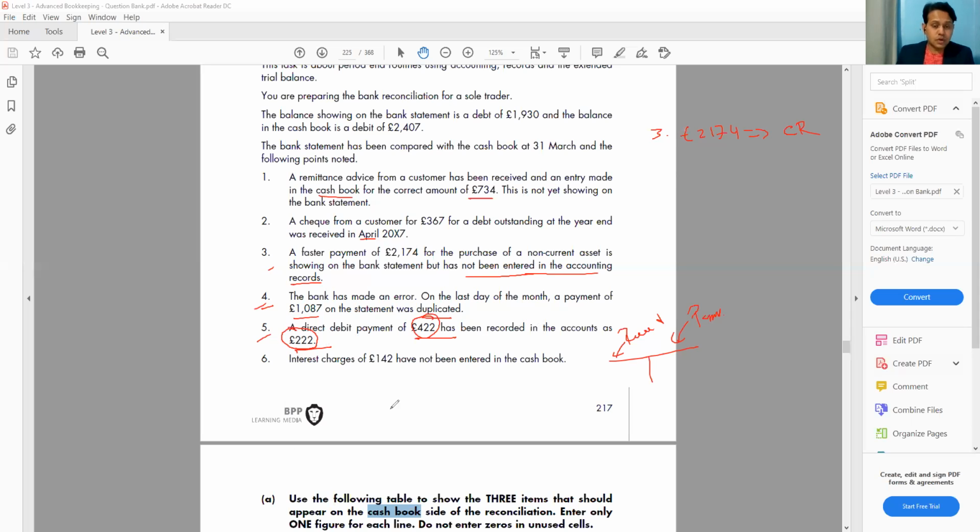I recorded less, so I have to record some more money on the credit side. How much is the difference? 422 minus 222, the difference is 200. And this 200 we should record on the credit side because it's a payment.